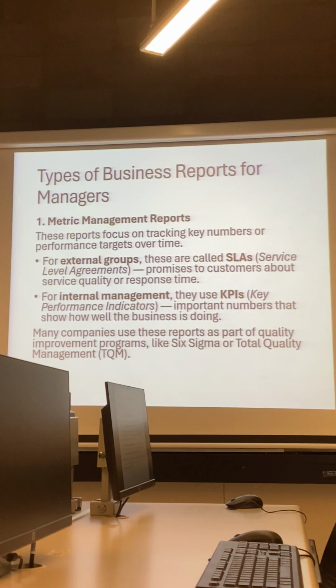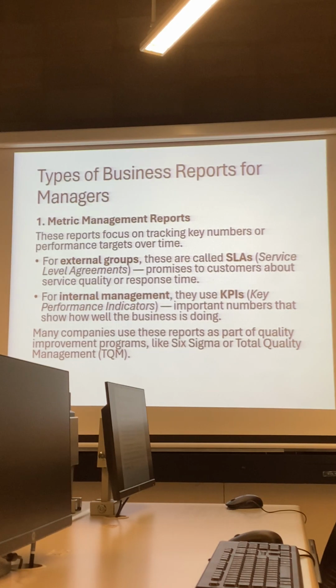For external, we call them SLAs, or service level agreements. So promises to customers about service quality and response time. I think this is like an agreement between you and another party.